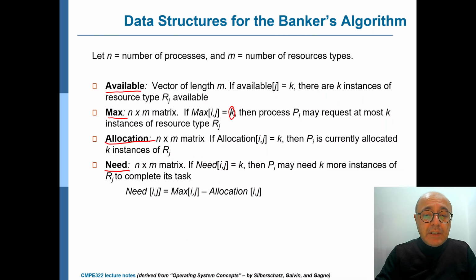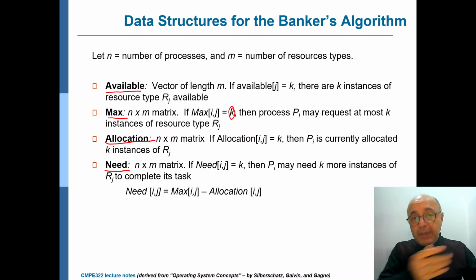Allocation, on the other hand, is a subset of that. In the case of allocation, it shows only the ones that have been allocated to that process for that resource type, R sub j. And the need matrix is actually the difference between the two. The maximum that could be requested minus the ones that are already allocated.